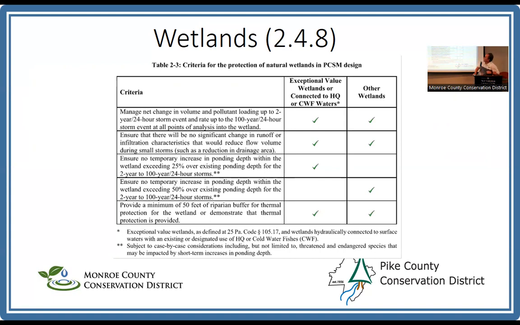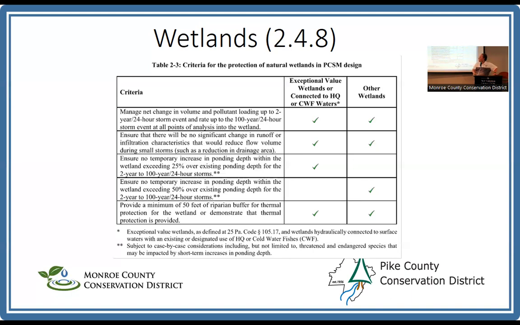Temporary increases in ponding depth would not exceed 25% over the ponding depth of the 2-year to 100-year storms. Temporary increases of 50%, and a minimum 50-foot riparian buffer for thermal protection for the wetland, or demonstrate that thermal protection is involved.